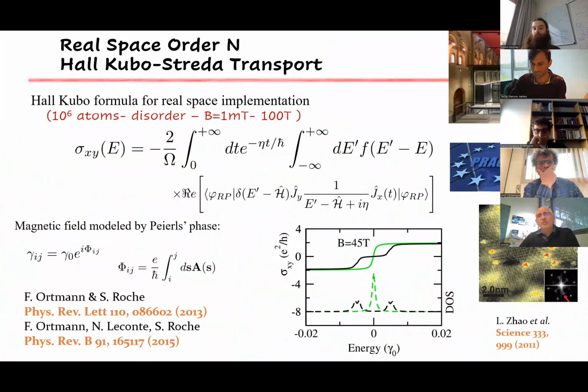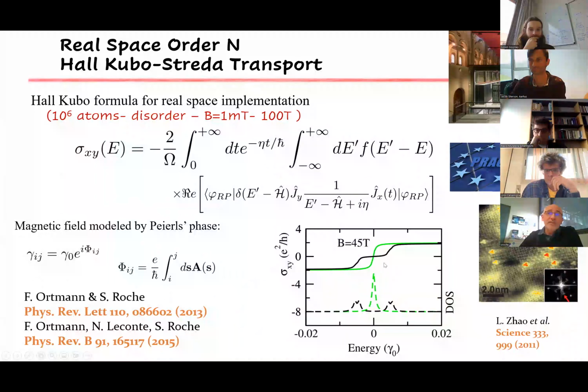I would like to give, in two slides, a flavor of what we mean by this simulation tool. This is an implementation we made several years ago to look at the quantum Hall effect in very complex two-dimensional materials with some disorder.